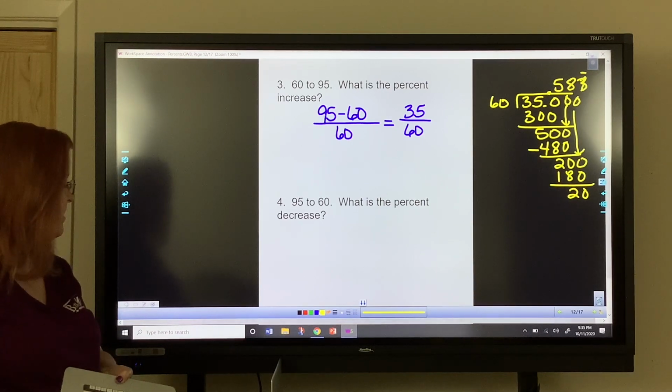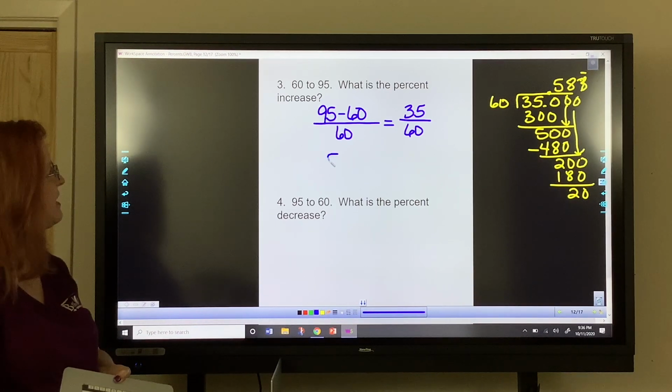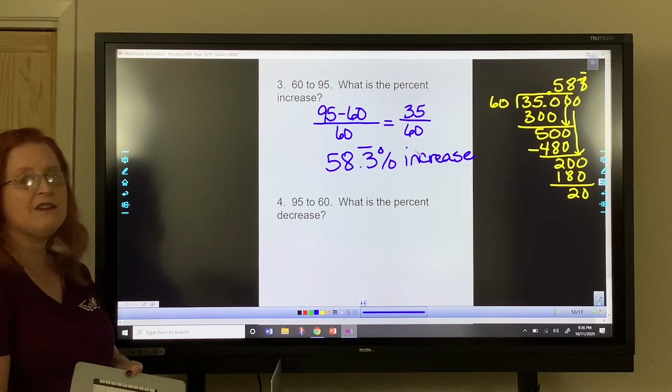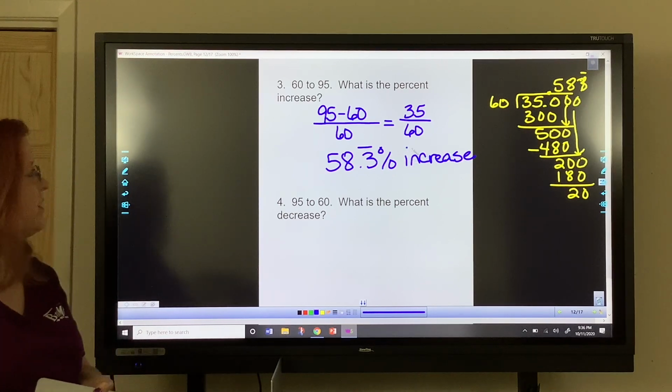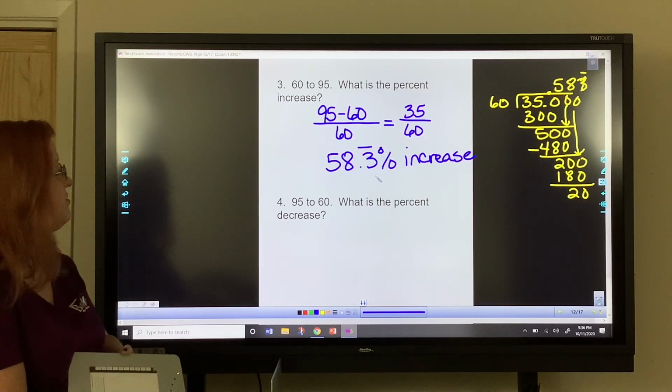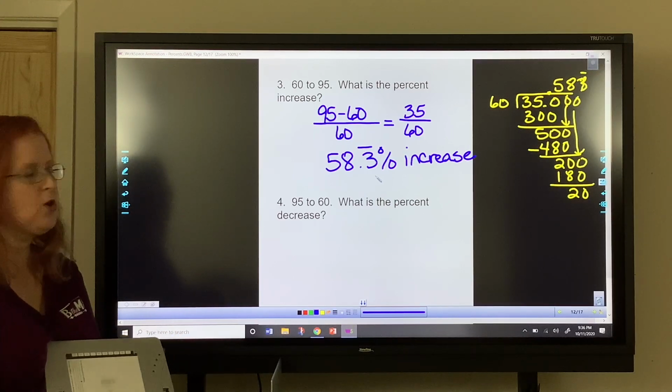If we convert that to a percent, we get about 58.3% increase. And this would be great if you had answer choices, where if it was 58 or 58.3, you could choose without having to keep going.